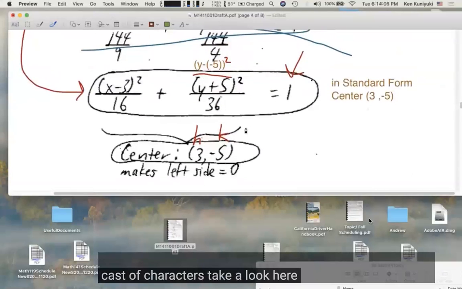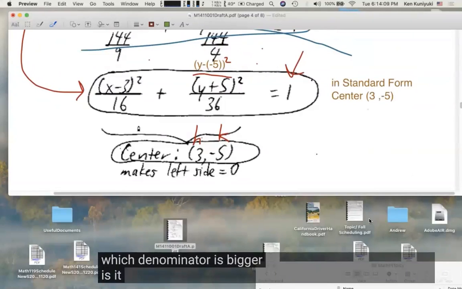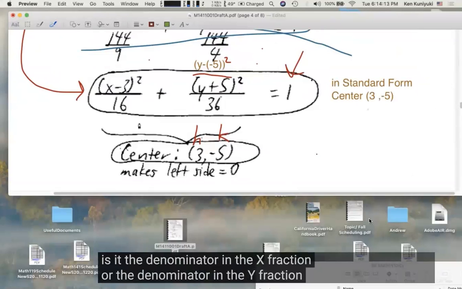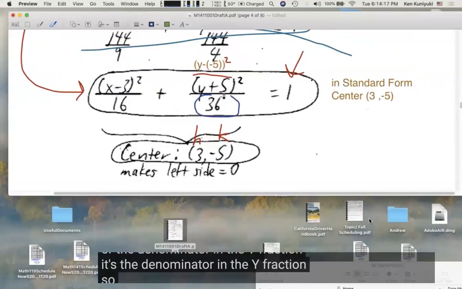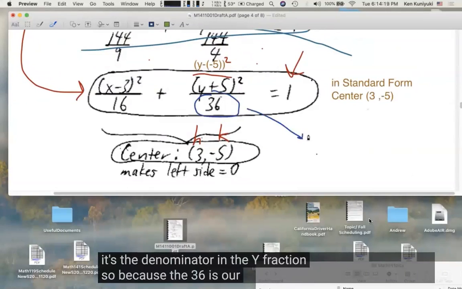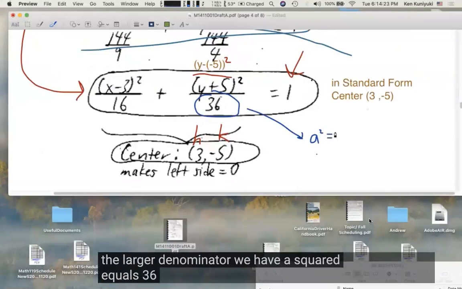Take a look here. Which denominator is bigger? Is it the denominator in the x fraction or the denominator in the y fraction? It's the denominator in the y fraction. So because the 36 is our a squared, the larger denominator, we have a squared equals 36, which means a is what?